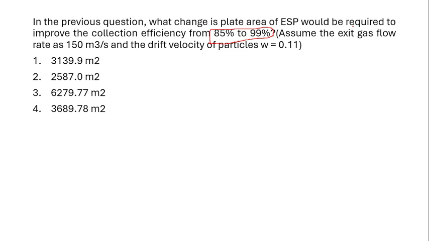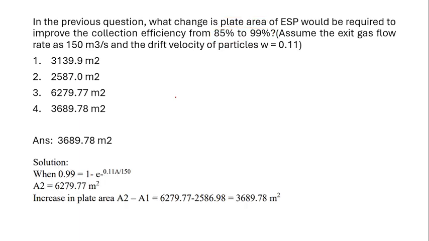Now, to improve the efficiency from 85 to 99%, how much plate area is required? They are asking, and assume the exit gas flow as same, 150 meter cube per second, and w is also same. Just to improve the efficiency, how much area should be increased? They are asking.